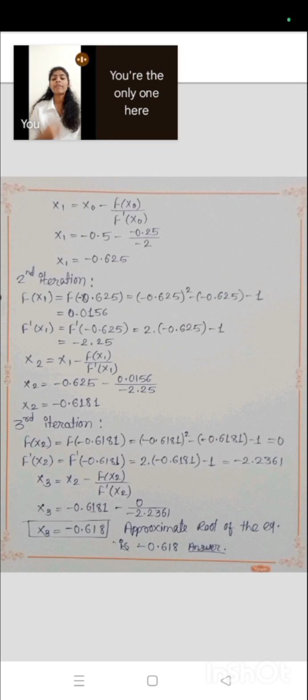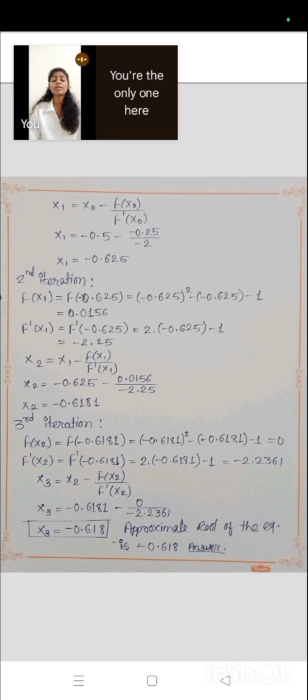So here f of x2 and f dash of x2 values are put in the Newton-Raphson formula. So x3 is equal to x2 value, minus 0.6181, minus f of x2, which is equal to 0, upon f dash of x2. So f dash of x2 value is minus 2.2361.